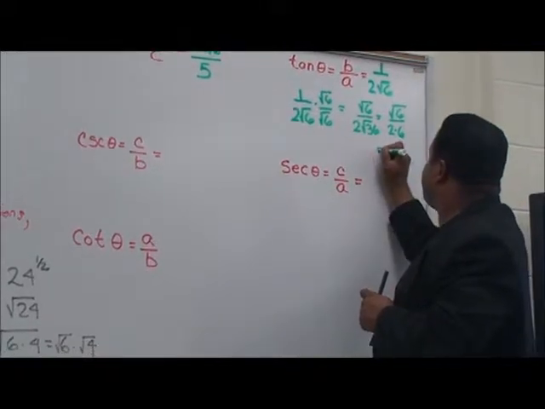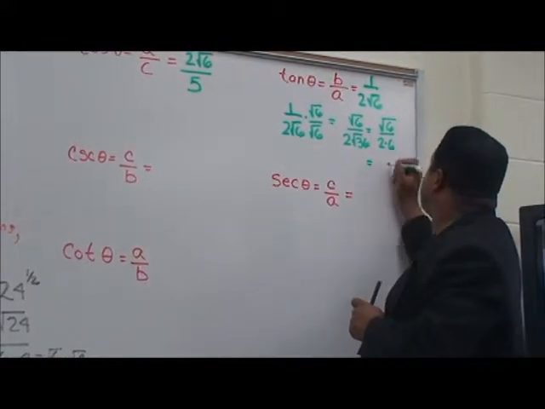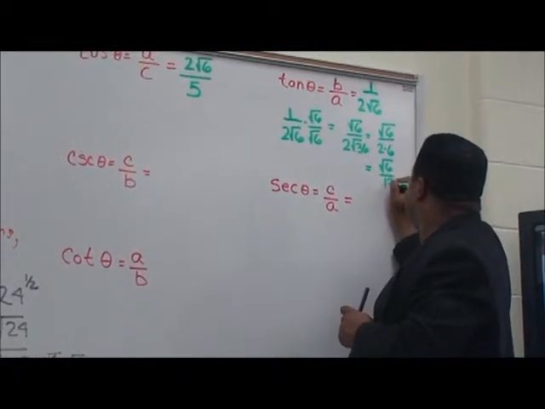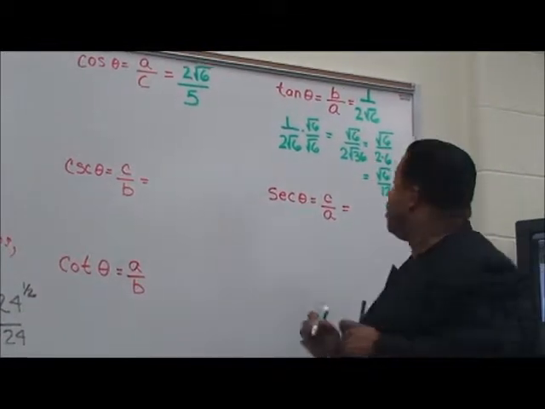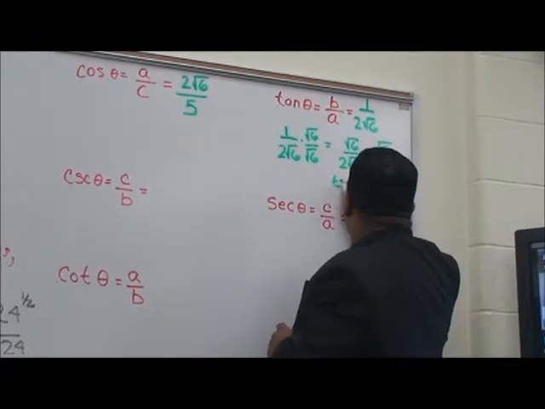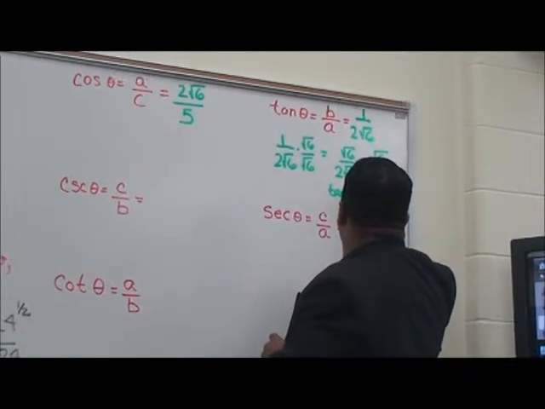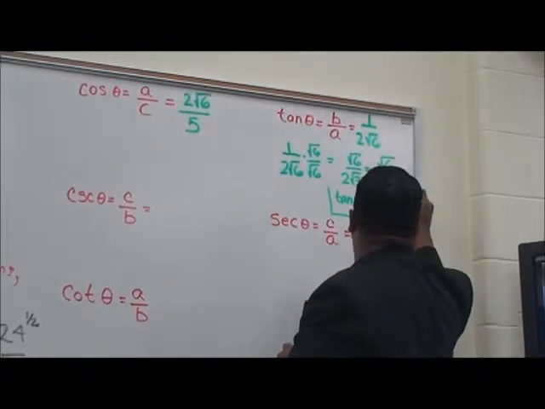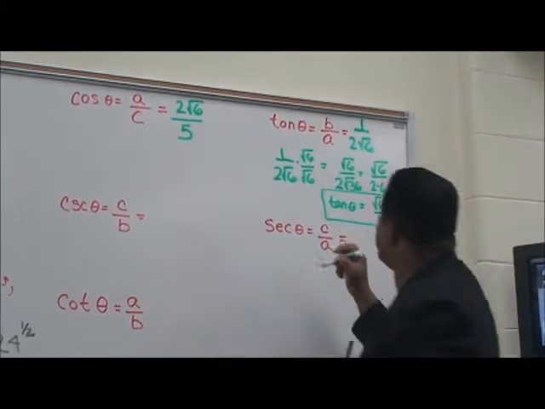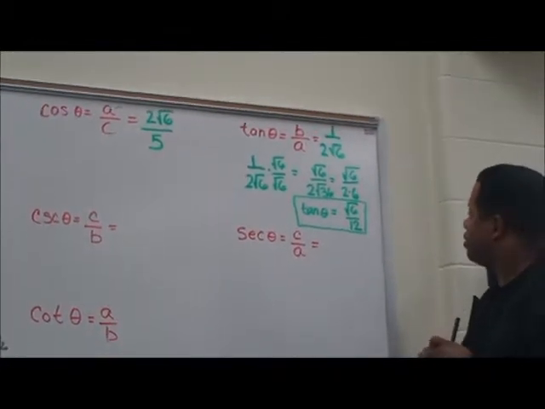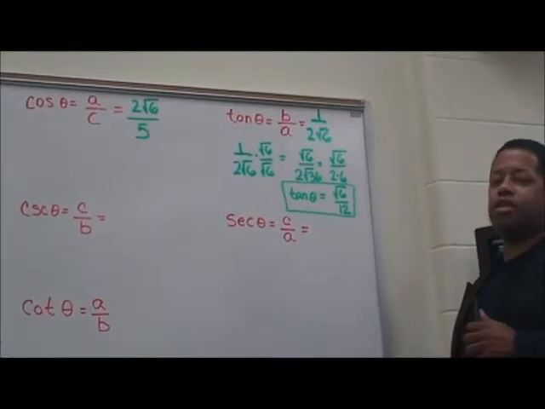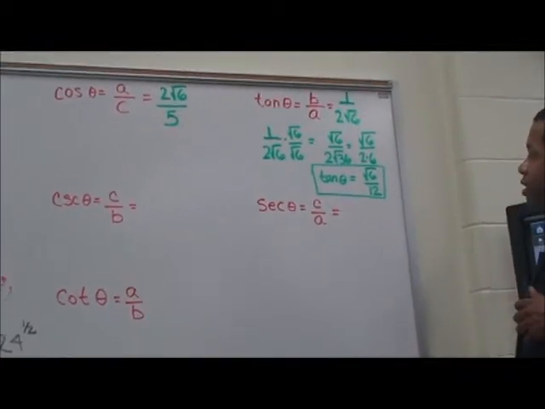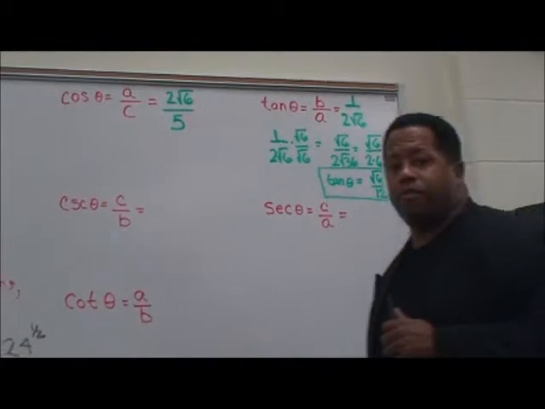So the value of tan theta is the square root of 6 over 12. Everybody can see that, get a nice good picture of that. That is your value: tan theta is the square root of 6 over 12. Now, we still have more work to do.